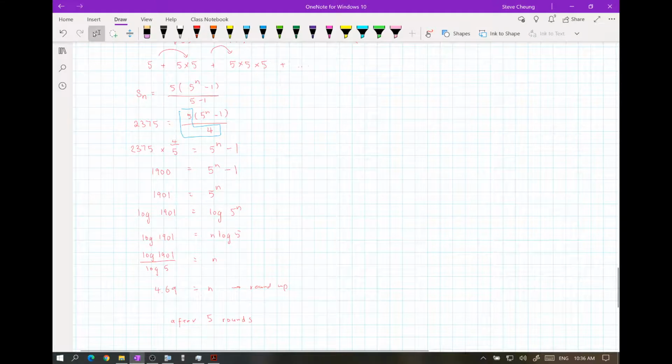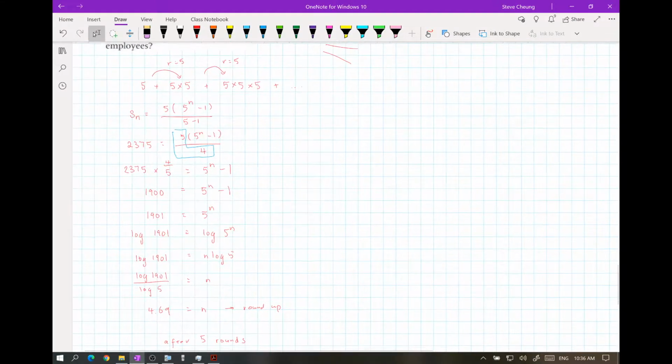Another way is to set this equation. So we want to set this expression to be, actually I can just write this without splitting the fraction. You can write it as 5 times this is greater than 2375.